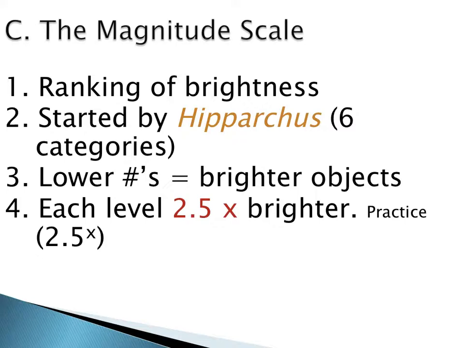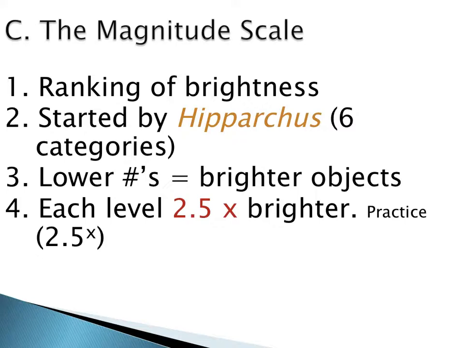So a magnitude 1 is 2.5 times brighter than a magnitude 2, which is 2.5 times brighter than a magnitude 3, and so forth. The way you do the math on this to compare different levels is pretty simple. First, just subtract the 2 magnitudes. So if I was comparing a magnitude 3 star and a magnitude 10 star, I would take 10 minus 3 and get 7.